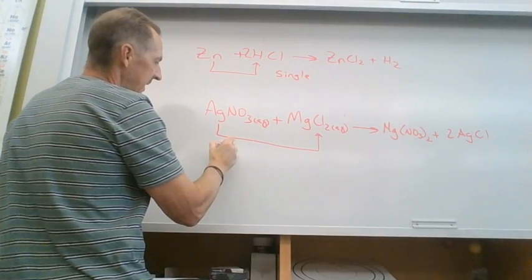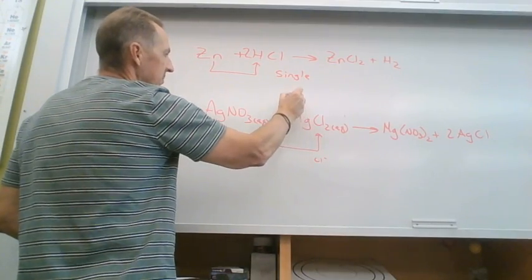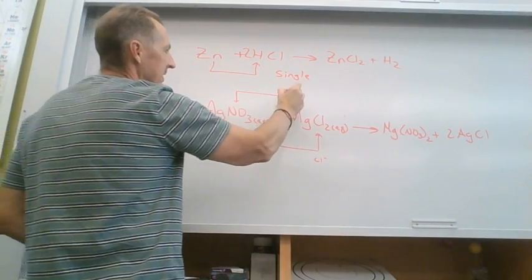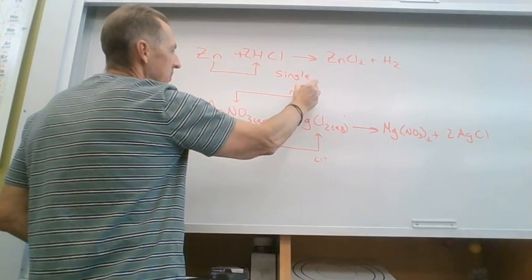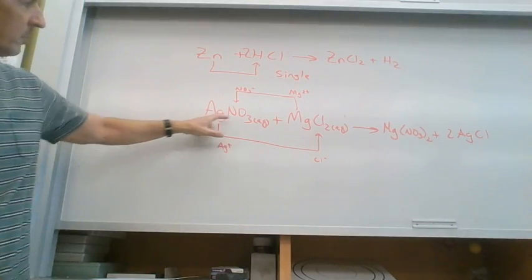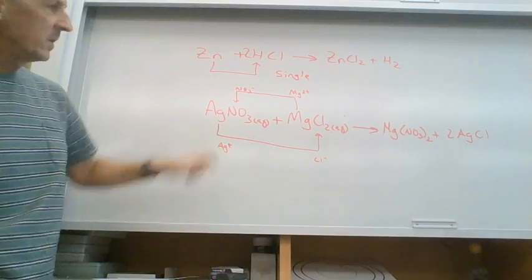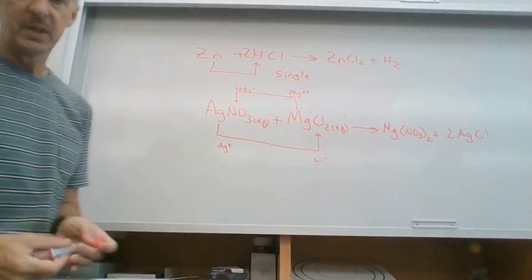So we have Ag plus here, and it is now with this Cl minus, and this magnesium is now with the nitrate, so the magnesium 2 plus is now with the NO3 minus. So the cation from this compound is with this anion, and this cation is with this anion, and that would be a double displacement reaction.